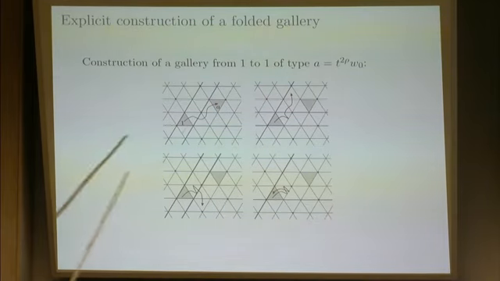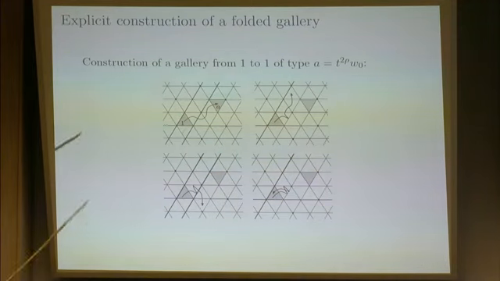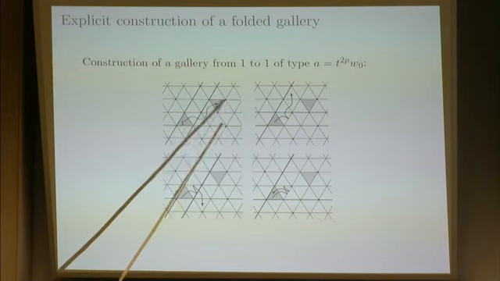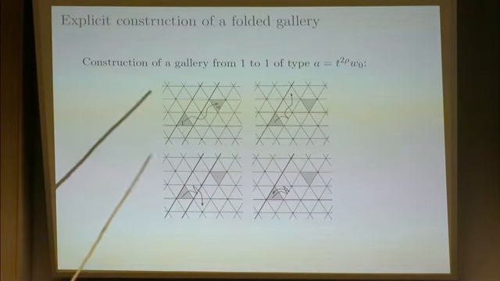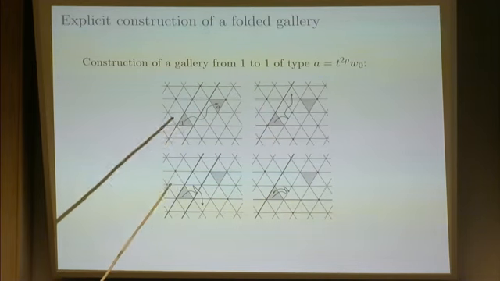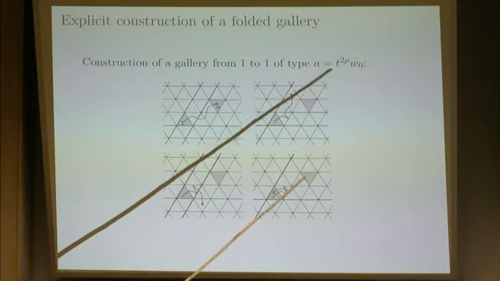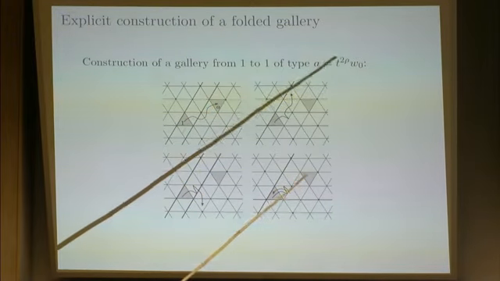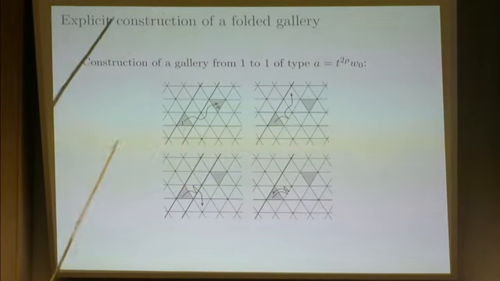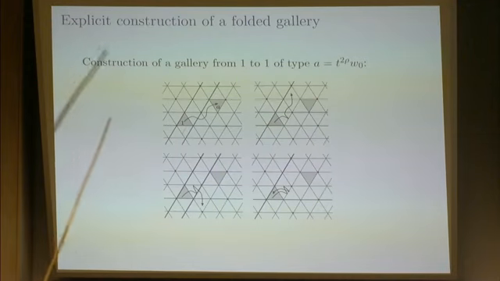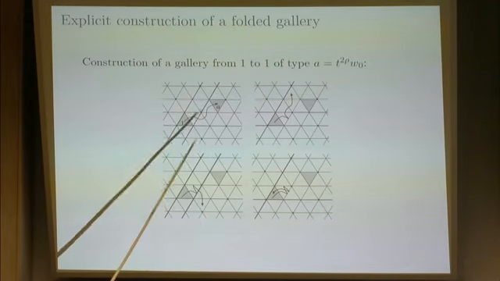For those who know about root systems, they know that this t over here is just a co-root lattice, and that this black point over here is a very particular point in the co-root lattice you can explicitly describe in any type. And what we fix is a minimal gallery from the identity to A, where A is this particular element, t to the 2 rho, times the longest element in your spherical group. So the spherical Coxeter groups, they have a unique longest element, and you pick a minimal gallery.